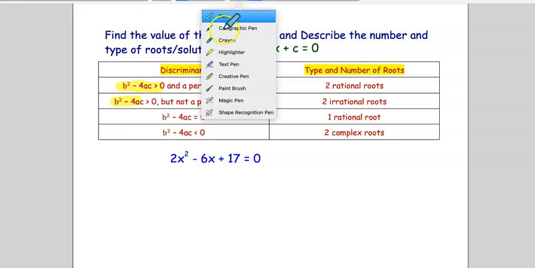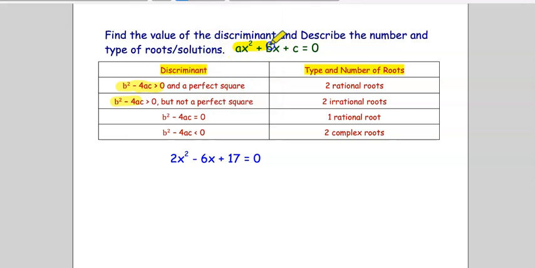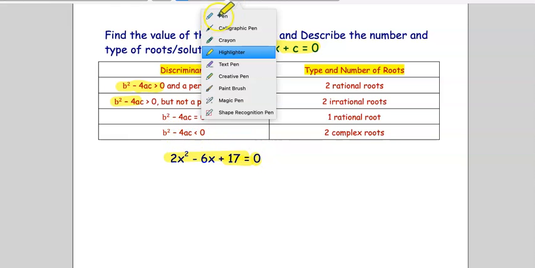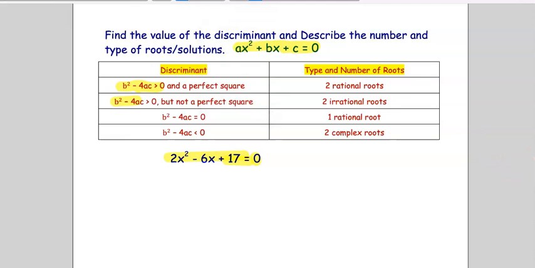Compare that ax square plus bx plus c with the given equation 2x square minus 6x plus 17. Thereby identify your a, b and c. After that, find the value of this b square minus 4ac.